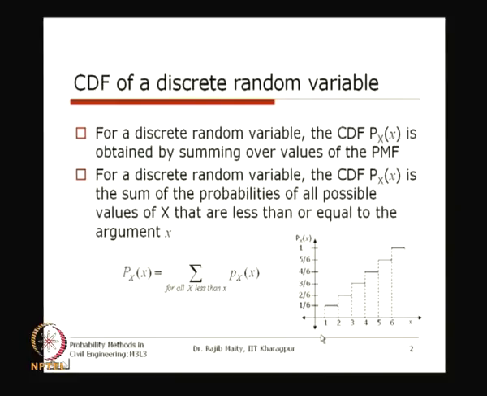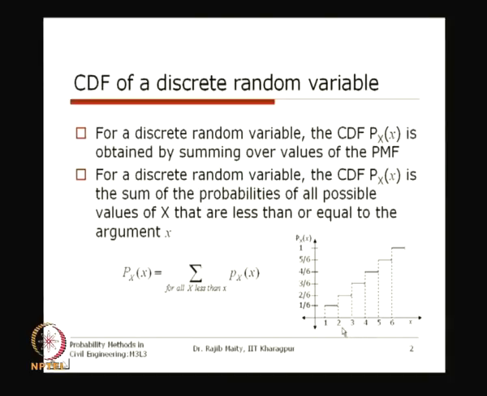Now, if we take our one standard example of throwing a dice and getting 6 different outcomes, 1 up to 6, and if we say that all these are equally likely, then the PMF says that exactly for the outcome 1 the probability is 1 by 6, and for all such outcomes the probability is 1 by 6.